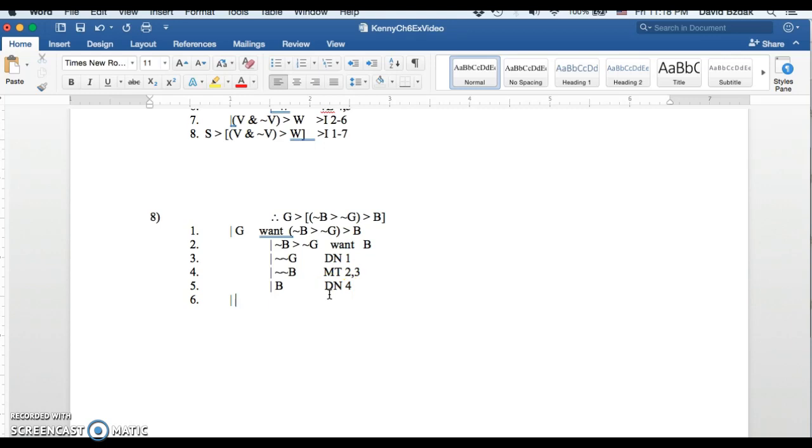We got not B, then not G, conditional B. And we got that by conditional introduction of 2 through 5.